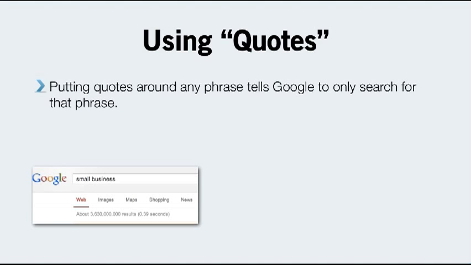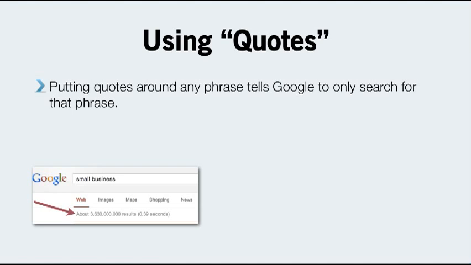If I am searching small business, and I put it in Google just like that, what it tells Google is to search for the word small, search for the word business, search for the phrase small business and the phrase business small.